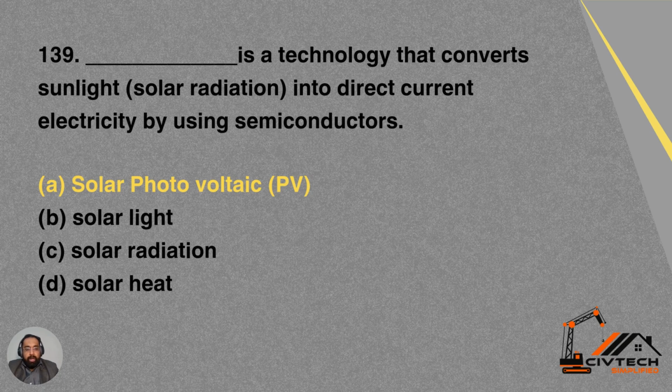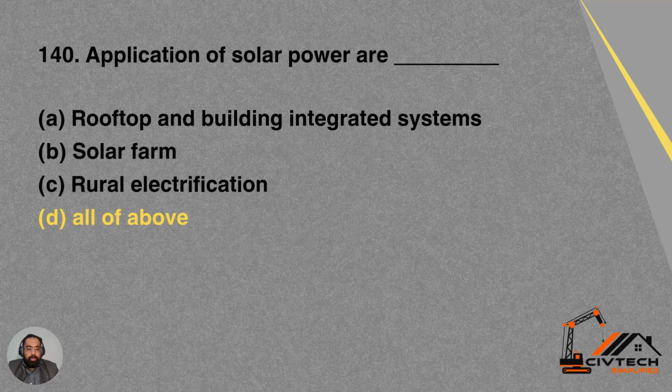Option B, solar light. Option C, solar radiation. Option D, solar heat. So PV, solar photovoltaic, is the name of the technology under which sunlight is converted into direct current electricity. So A is the correct answer for this question. It's PV.